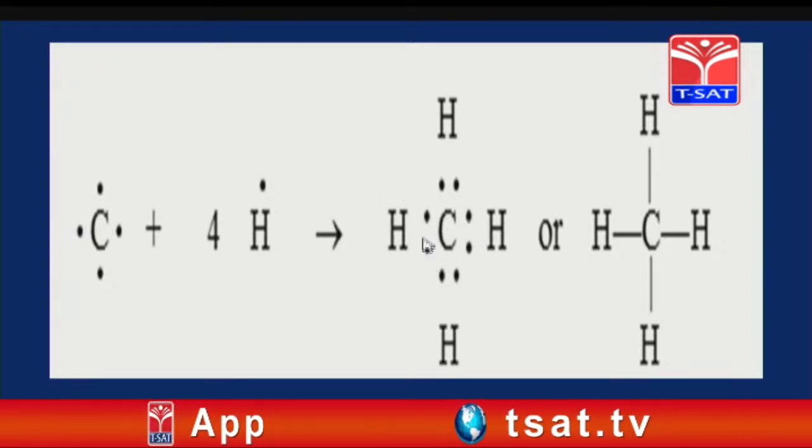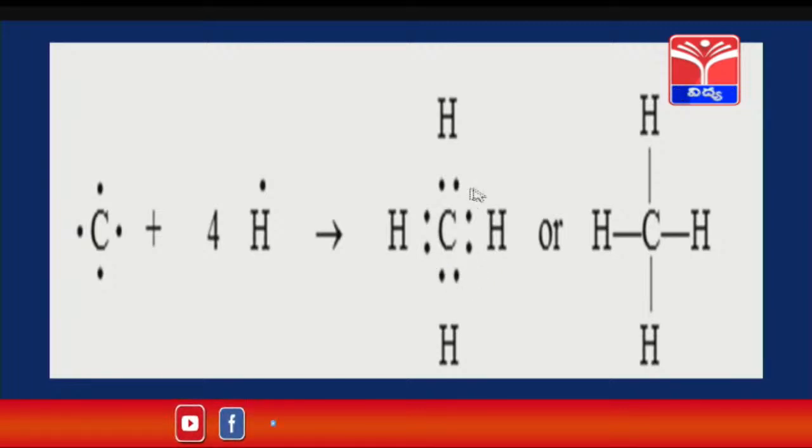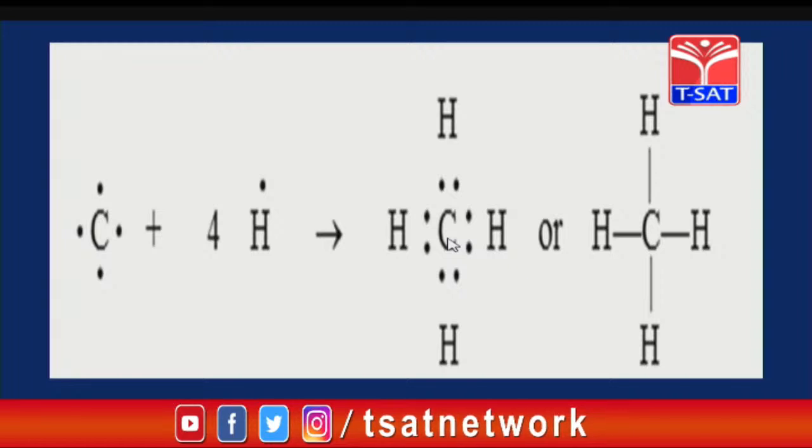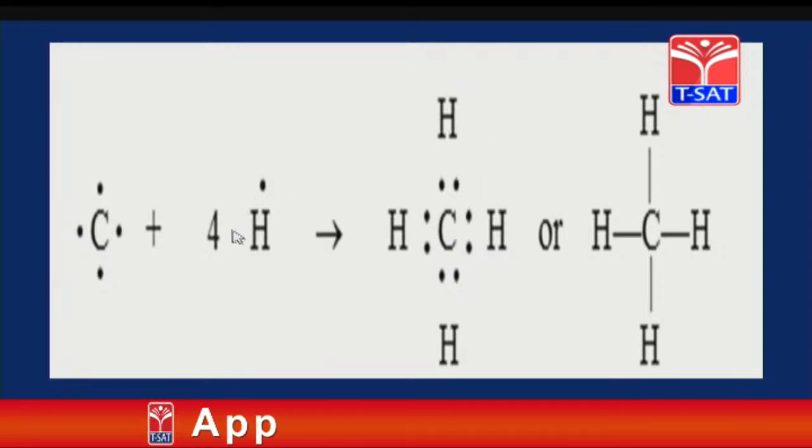In that way, the carbon atom shares 4 electrons, and now its electronic configuration has become 2, 8. It has attained octet configuration. And what about hydrogen? Hydrogen had only 1 valence electron earlier, but now, taking 1 electron from carbon, it has got a duplet configuration like helium.